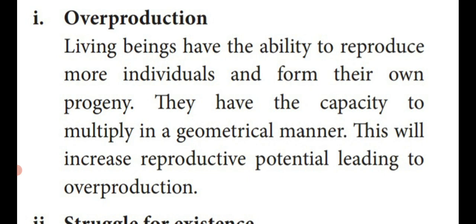Those young ones look like the parents. So that is said to be reproduction. And also, these living organisms have the capacity to multiply in a geometrical manner, so based upon the environmental area, they also multiply their population.